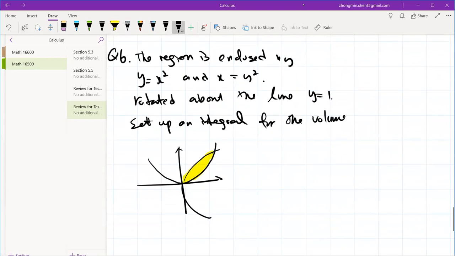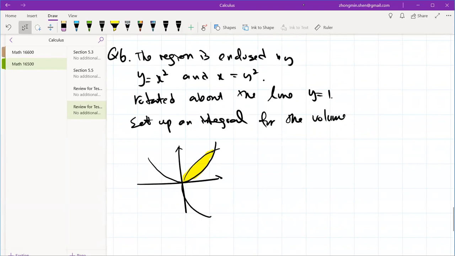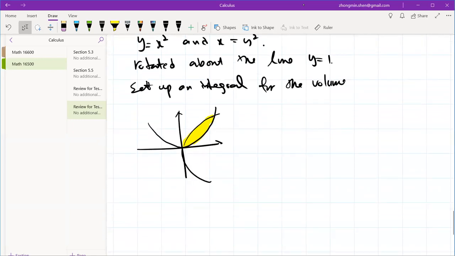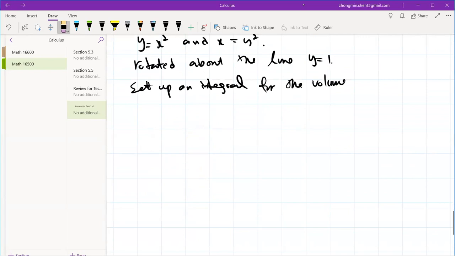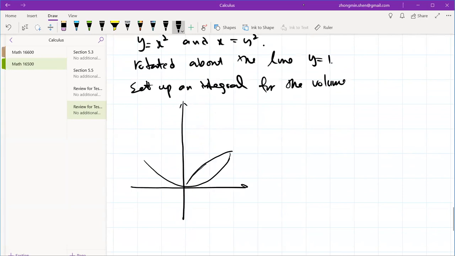So now it's rotated about the horizontal line y equals 1. I don't have a space. Okay, I'm going to erase this again. I'm going to resketch because otherwise there's no space for me to draw the complete graph. Okay, so the intersection point is 1 and 1 here.